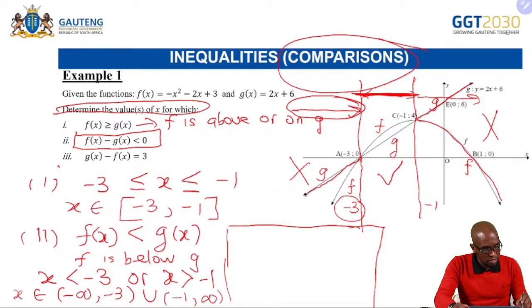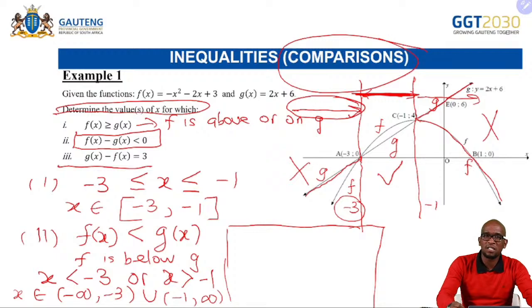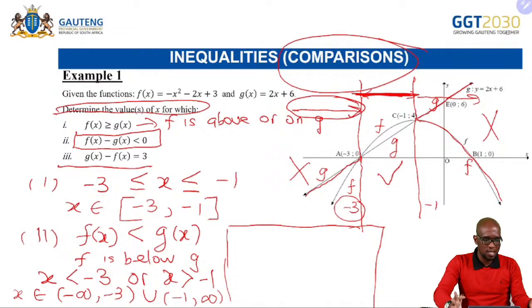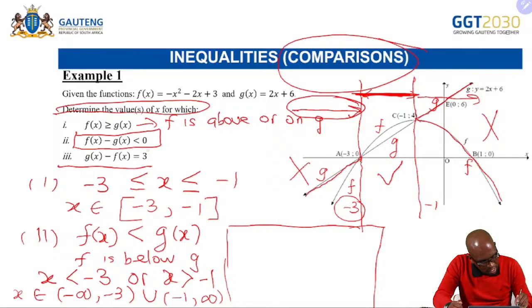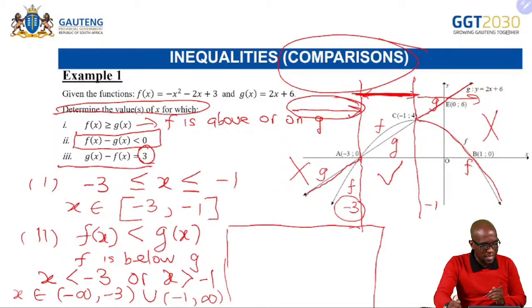Right, let's look at the last one, the third one. g of x minus f of x is equal to 3. Remember, I said the idea is if you have a plus or a minus, you know that you are comparing these two functions. But in this case, we have a value 3 instead of 0. What does that mean?